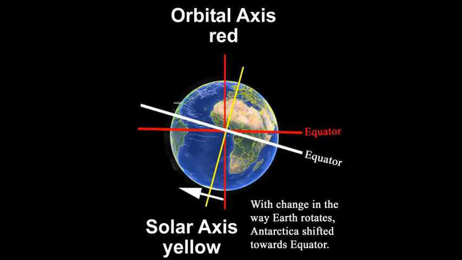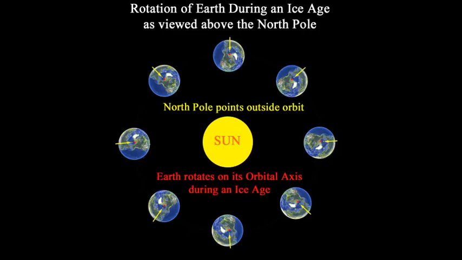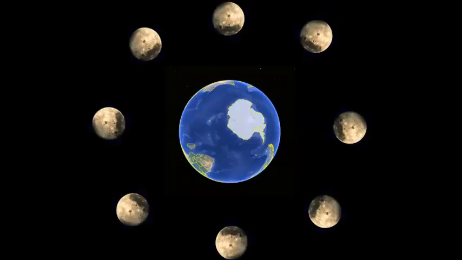In other words, the Earth rotates on its orbital axis much faster during an Ice Age. The Earth would then rotate on its orbital axis one complete turn every year, like the Moon rotates on its orbital axis around the Earth.